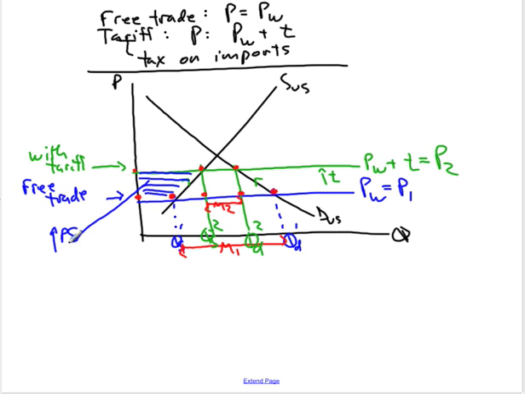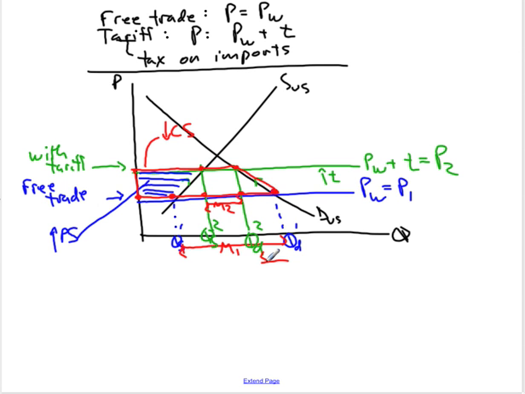Consumers have lost this entire box, this trapezoid. That's the fall in consumer surplus, because consumers are now consuming less and paying a higher price for it.